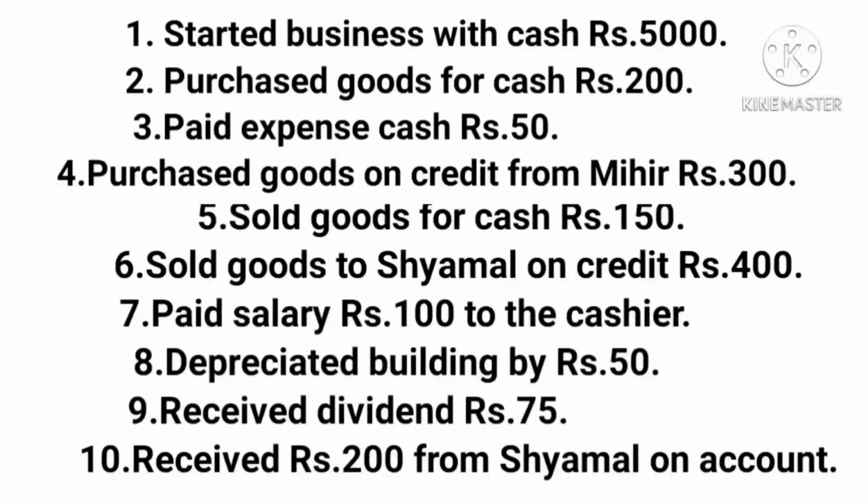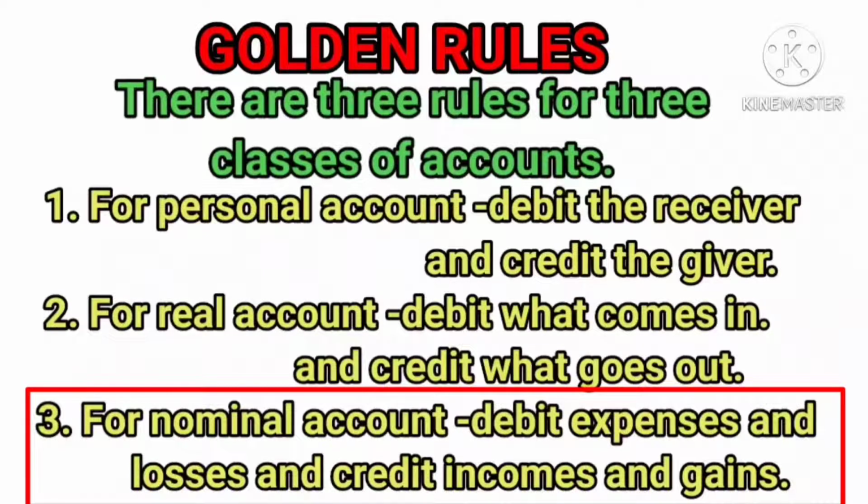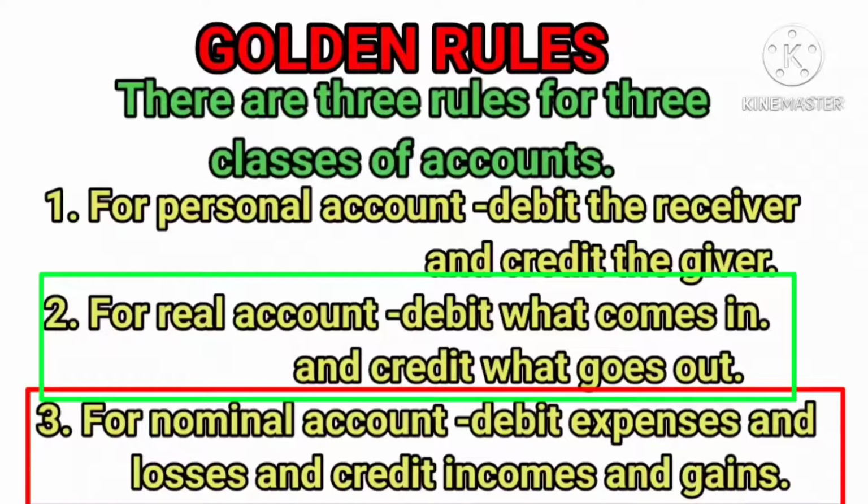Next, number 8, depreciated building by rupees 50. Here we find two aspects. One is depreciation on building, a loss on building. So it is a nominal account. As per golden rule, all loss will be debited. Here depreciation account will be debited and other is building, an asset and real account.